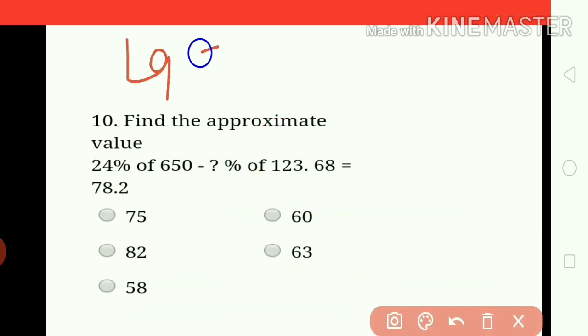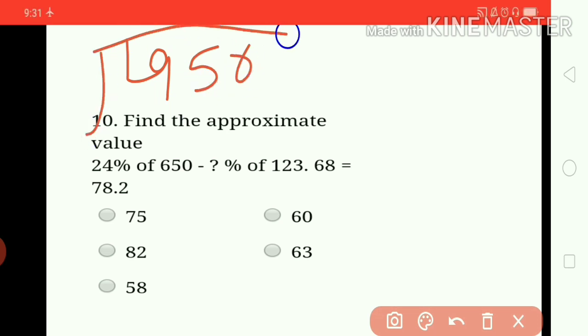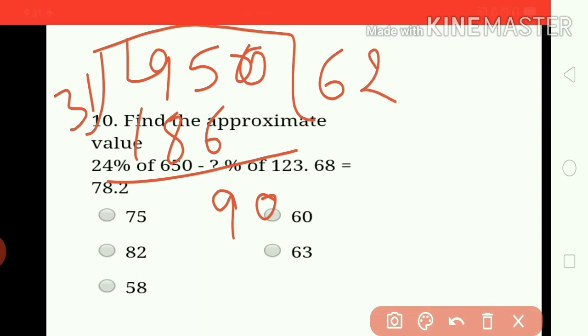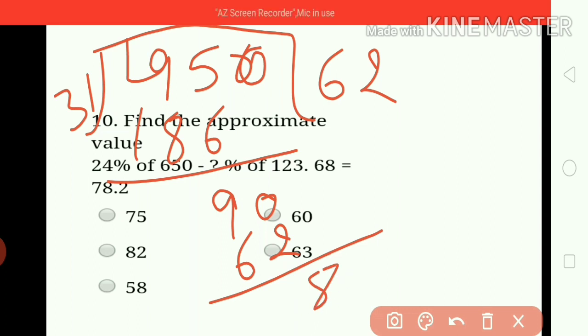So the approximate value after dividing 1950 by 31, so it goes on 6, 6 ones are 6, 6 threes are 18, 19 minus 18 is 1, and 0 will forward, it goes on 2, so 2 ones are 2, 2 threes are 6, 8 will remain here and 1 will remain here, 8 minus 6, 2 will remain here.